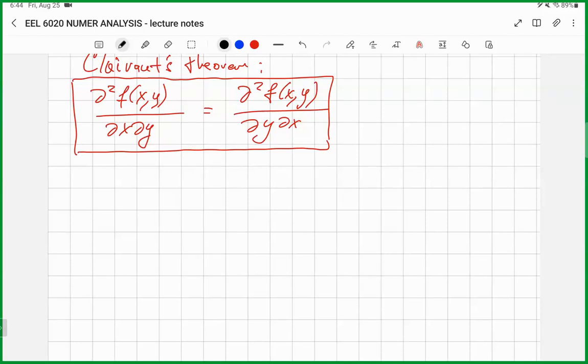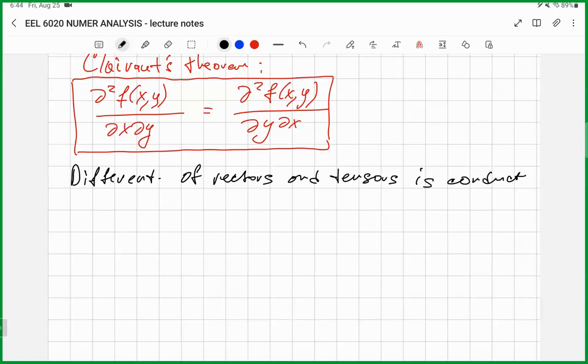Differentiation of vectors and tensors is conducted by components.